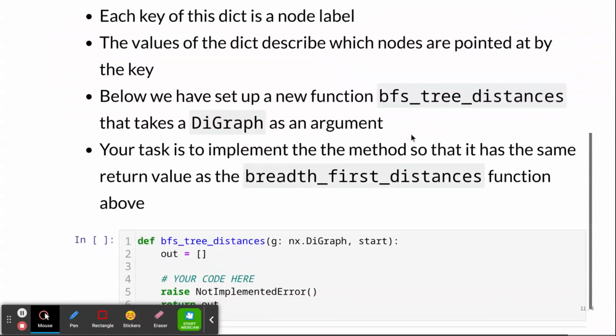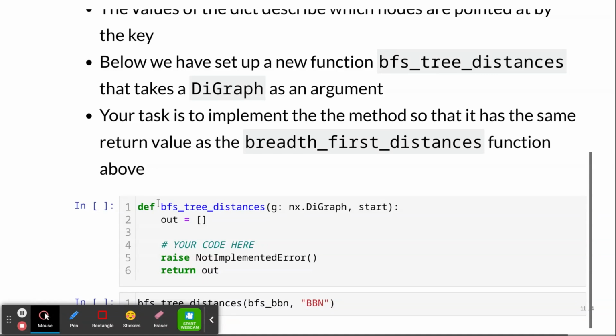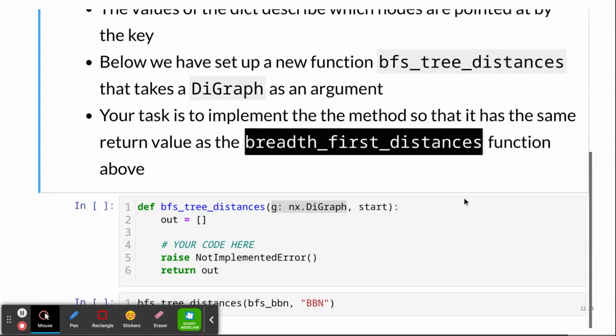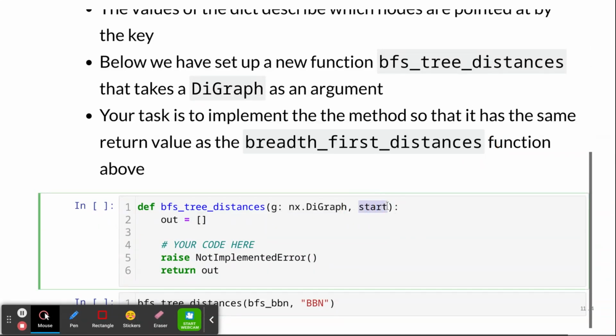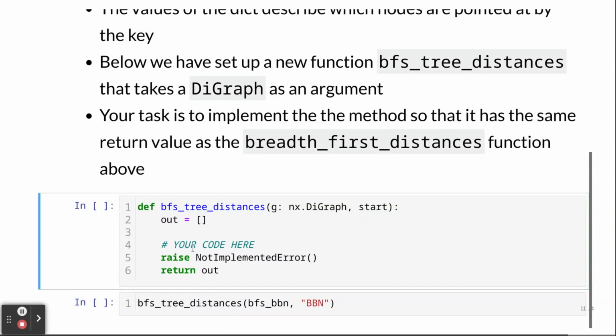So right here, we have a function BFS tree distances that takes in a directed graph, which we'll assume you obtained using the breadth first distances function, and a starting node. Your task is to implement the body of this function so that the return value has the exact same shape as the function we wrote above.